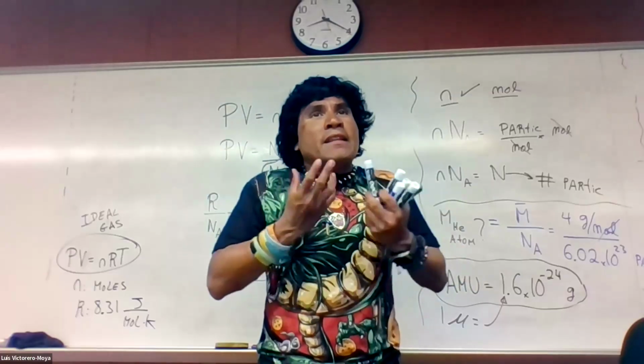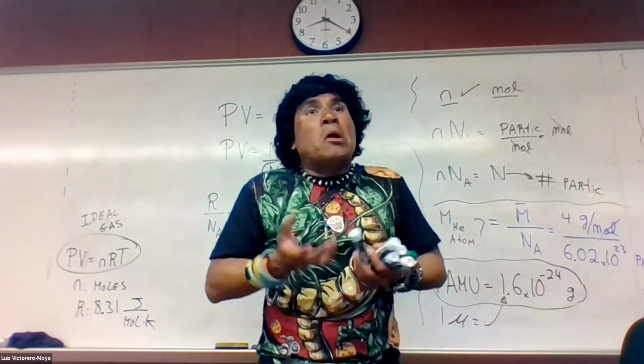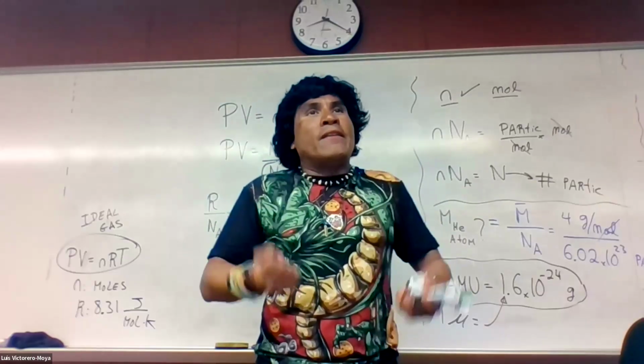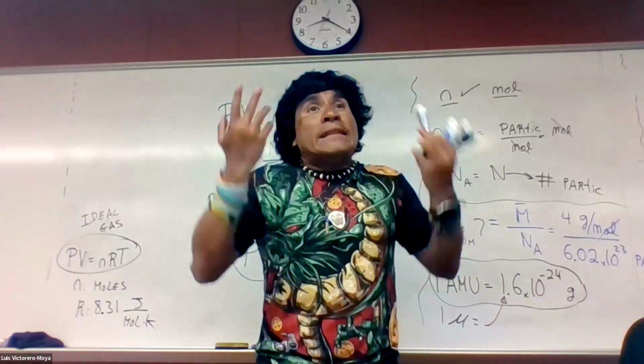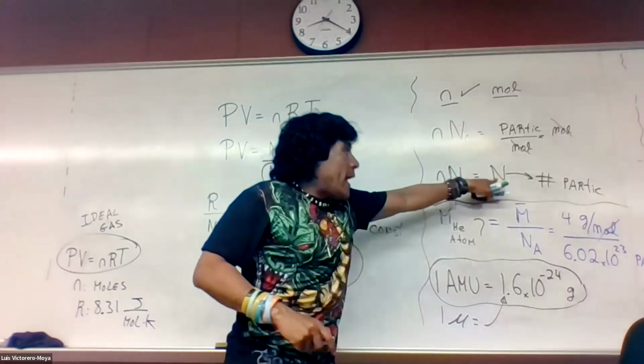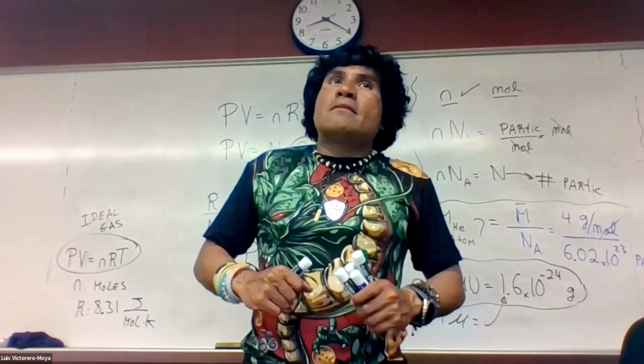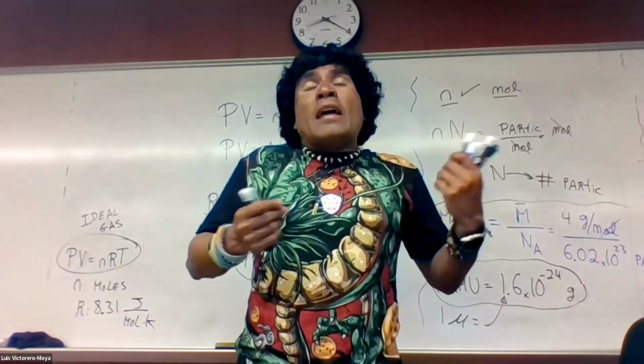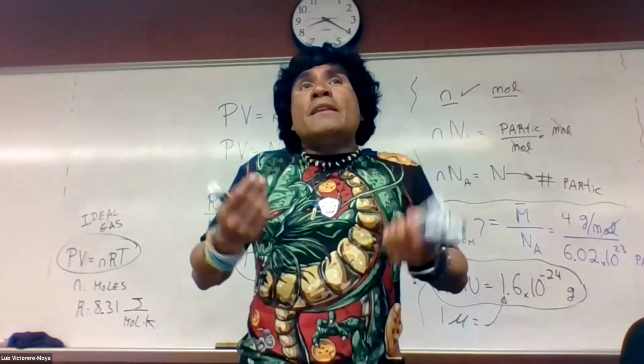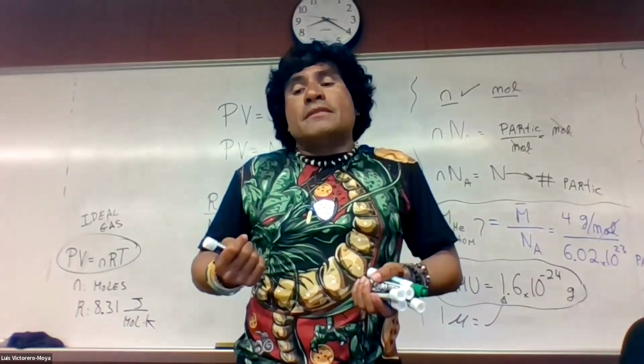So if we find the average velocity of the particle, we can find the kinetic energy of a particle. And then, if we multiply by N, we can find the kinetic energy of the gas, which, in the case of an ideal gas, is the internal energy of the gas.